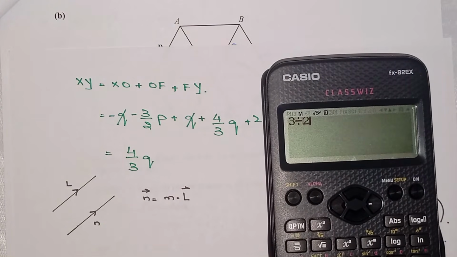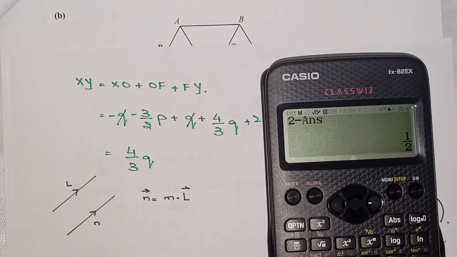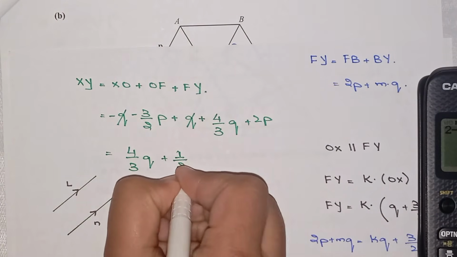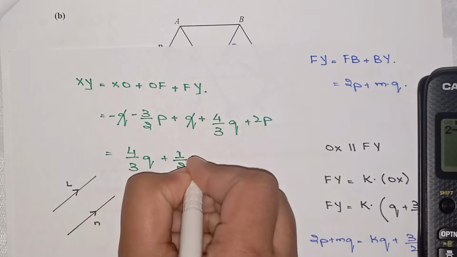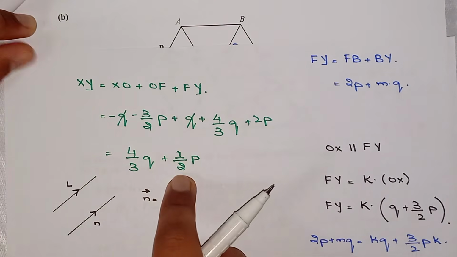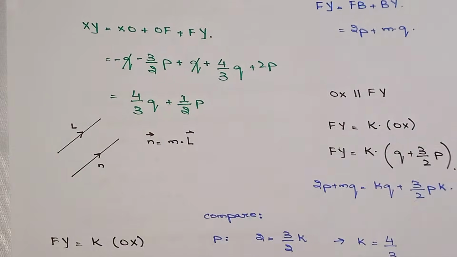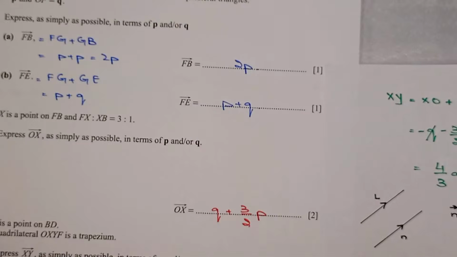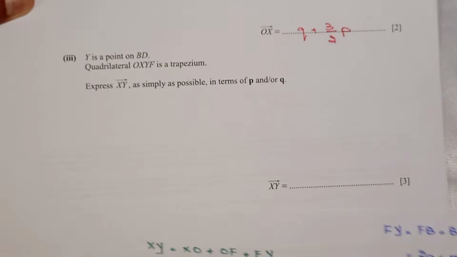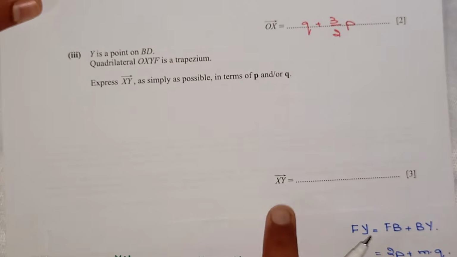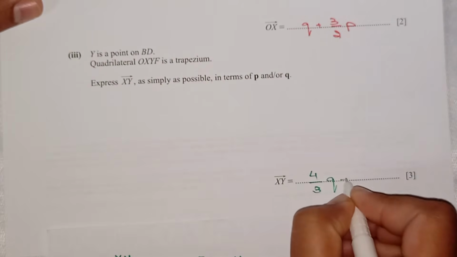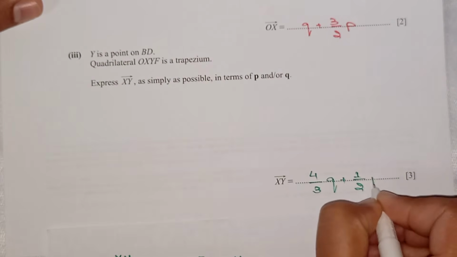So subtracting 3 by 2 from 2 would be 1 by 2 P. So the answer for XY is 4 by 3 Q plus 1 by 2 P. So let me write it down over here for the fourth part. Yes, XY is 4 by 3 Q plus 1 by 2 P.